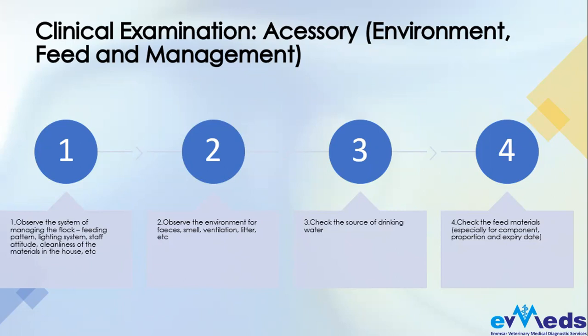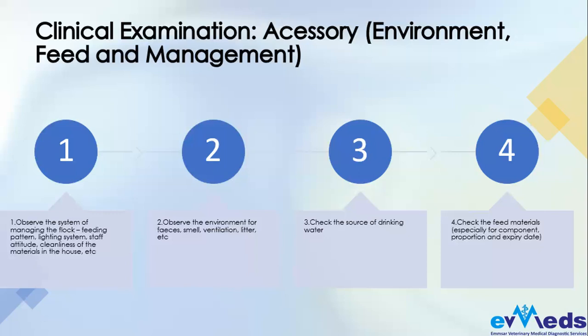Then number four is that you check the feed material. Sometimes it may be the components. How are they compounding their feed? Too much excessive carbohydrates or excessive fat may lead to fatty liver, hemorrhagic syndrome, or probably they don't have sufficient protein, or probably there is not sufficient calcium for laying birds.